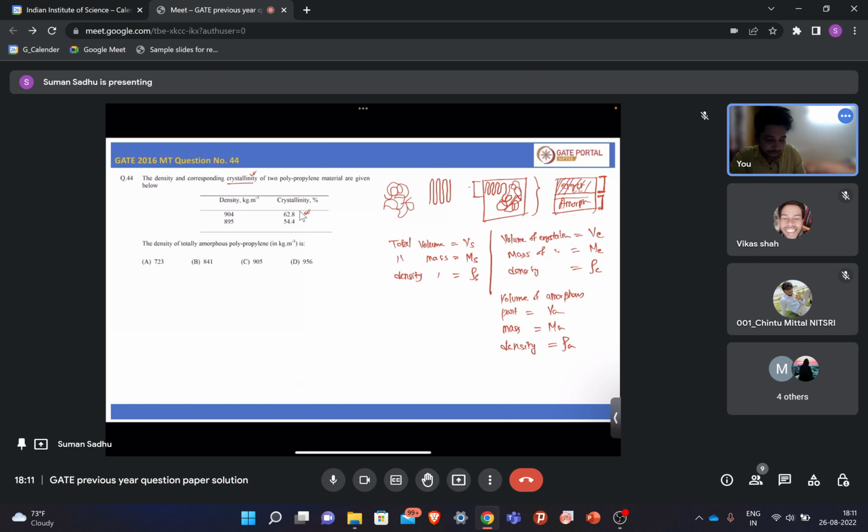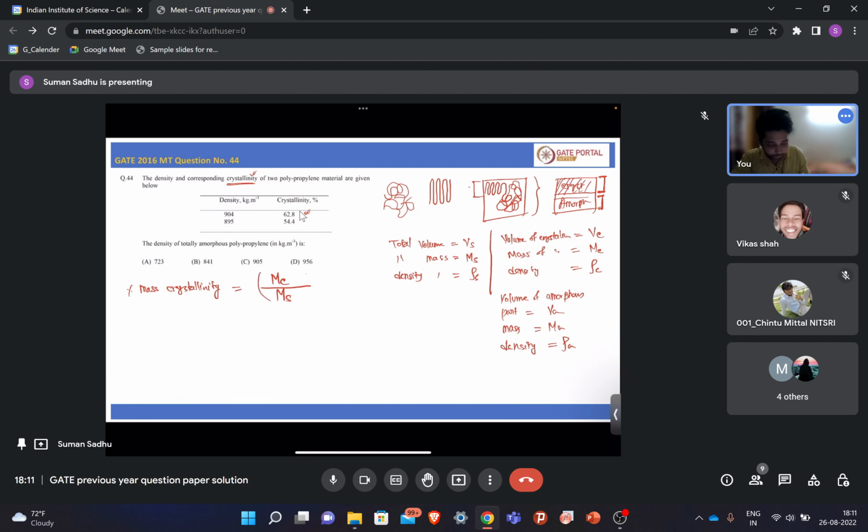The percentage of mass crystallinity is given by the mass of the crystalline part divided by the total mass of the sample.